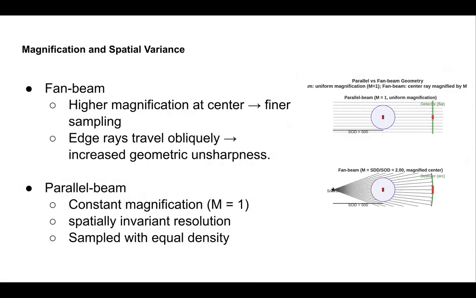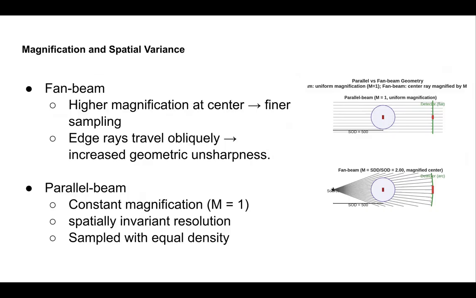Next, we will discuss magnification and spatial variance. Fan beam geometry has higher magnification at the center, which means finer sampling in the middle of the image. Also, a sharper image and sharper details. Rays at the edges are angled a bit more, causing increased geometric unsharpness near the periphery.